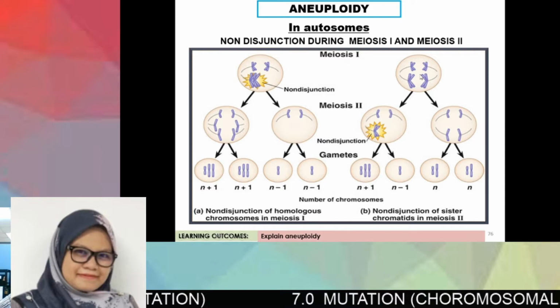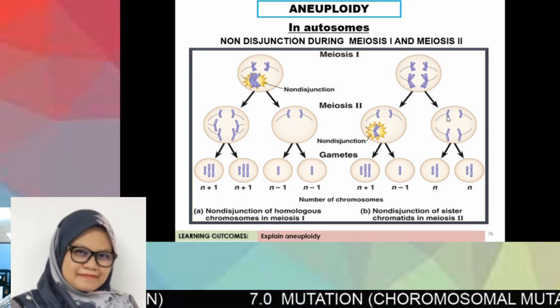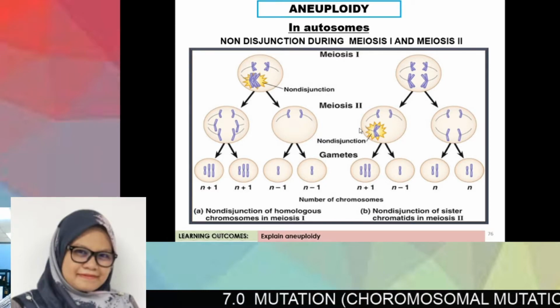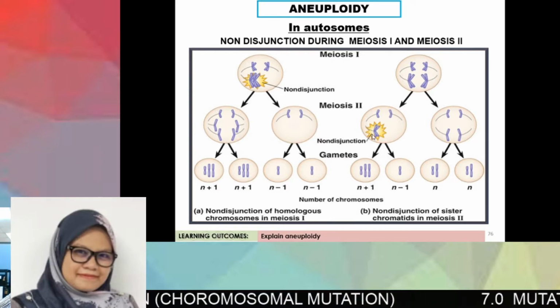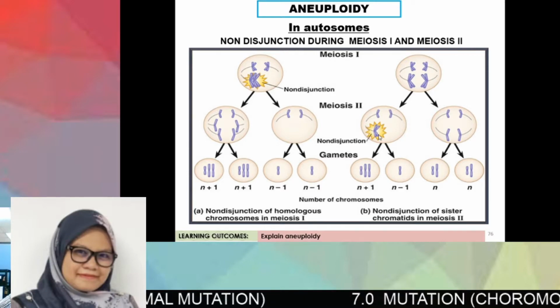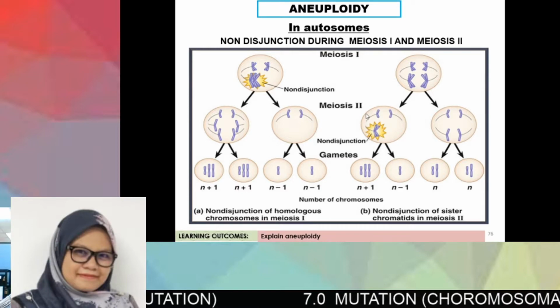Homologous chromosomes separate and move to opposite poles. But then during anaphase 2, the sister chromatids are not separated, so the chromatids do not separate and move directly to opposite poles.